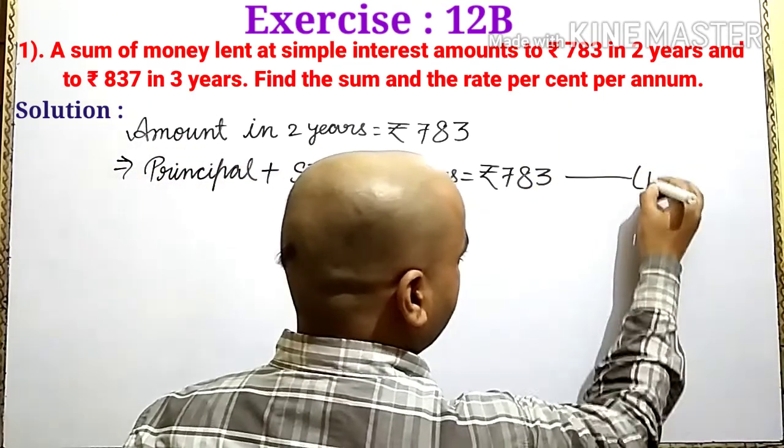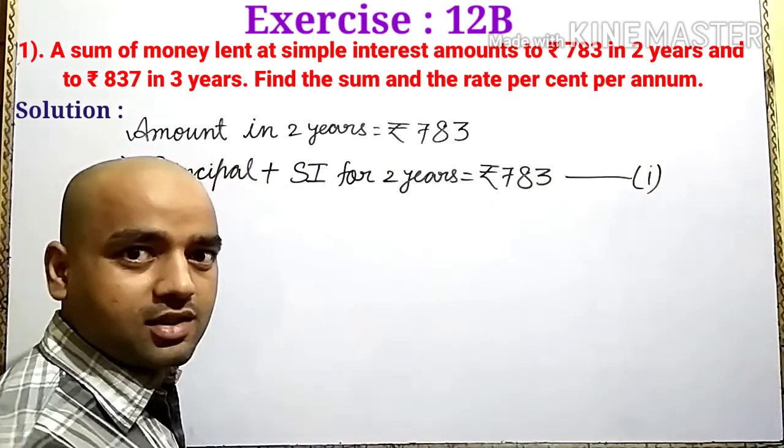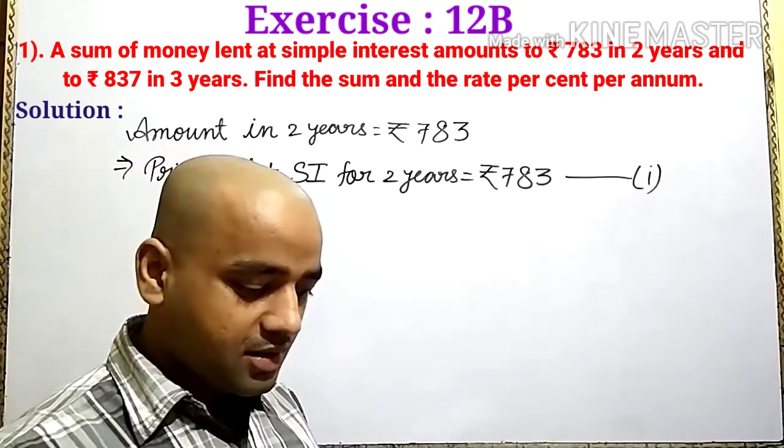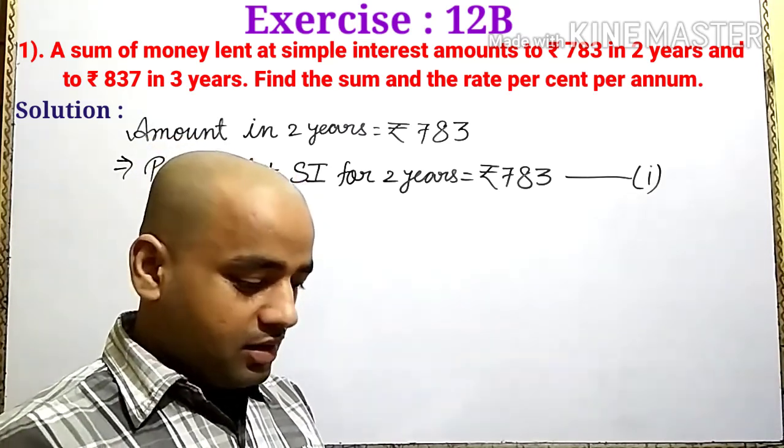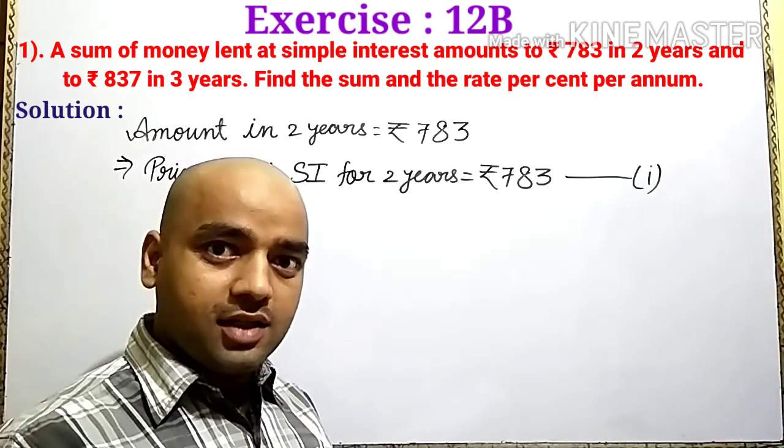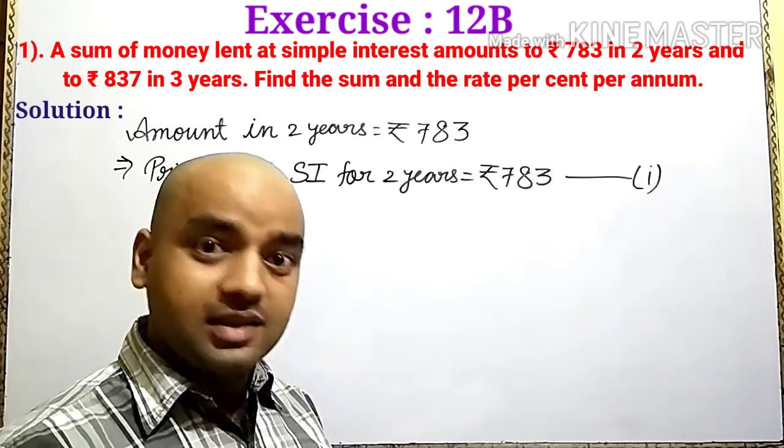This is equation first. Is it clear? Next step, given amount 837 rupees in 3 years.